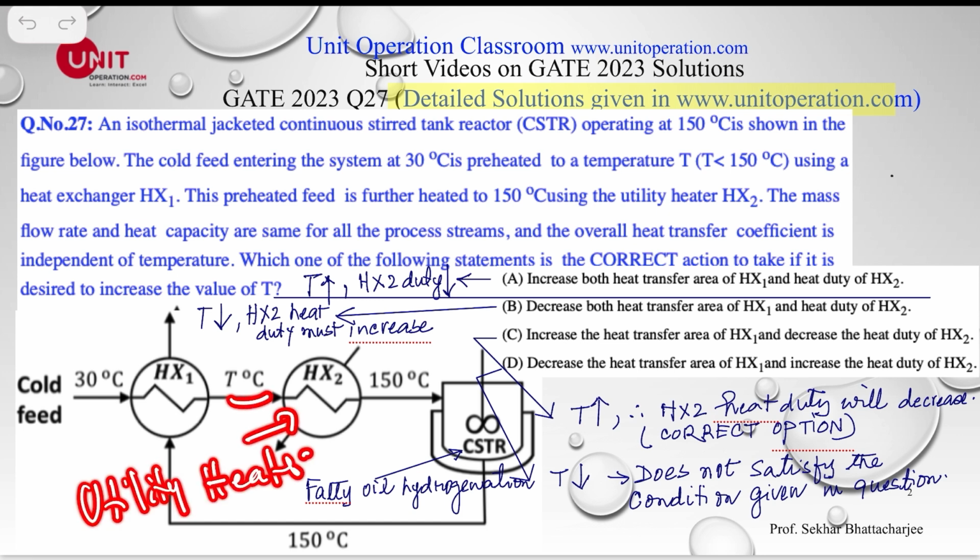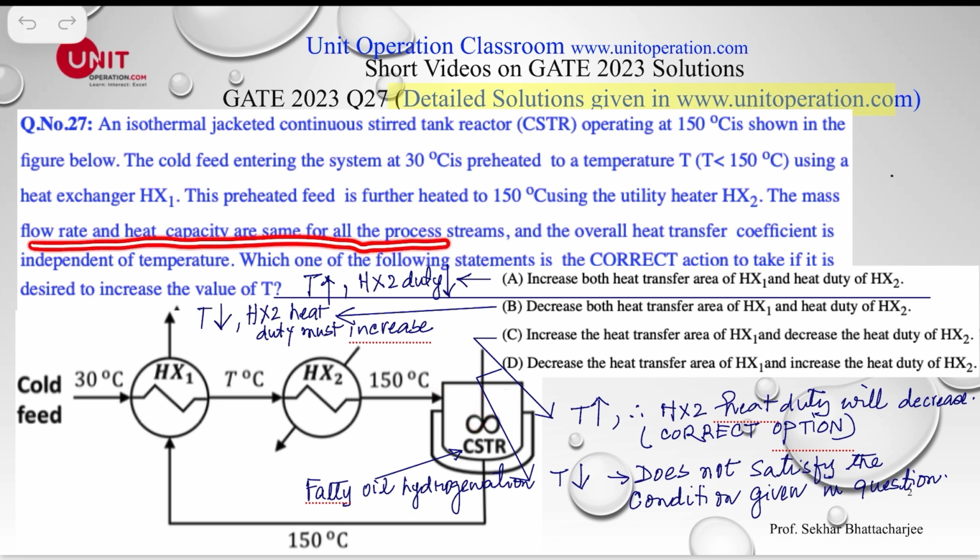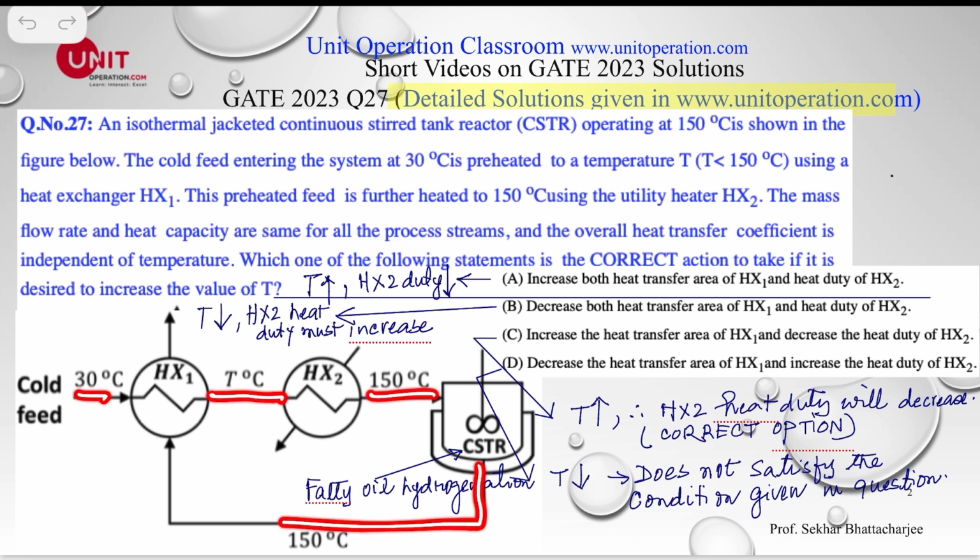Whatever this temperature T degrees Celsius, we heat it up to 150 degrees Celsius before it enters the CSTR. The mass flow rate and the heat capacity are assumed to be the same for all process streams. So what's coming here, the mass flow rate, remains the same here. And the overall heat transfer coefficient is independent of temperature. So whatever the overall heat transfer coefficient here, we are assuming that to be independent of temperature.